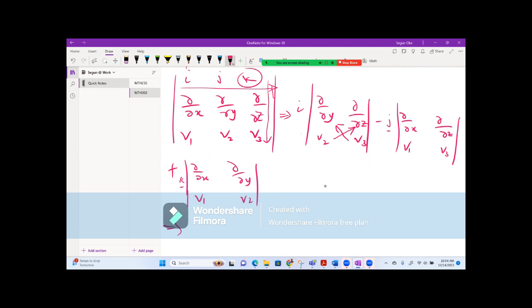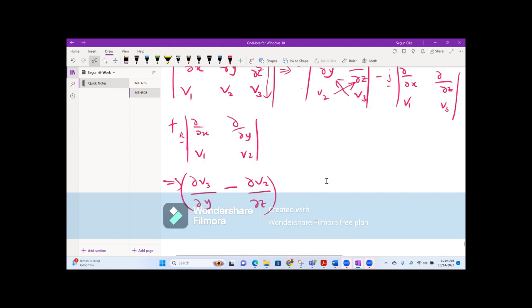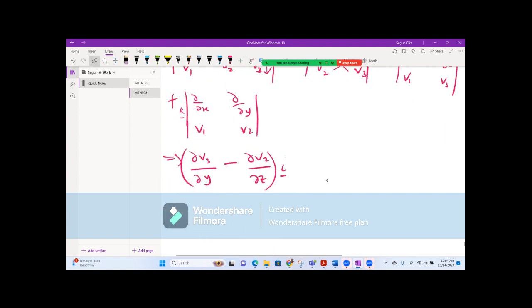So it's going to be d/dy of v3 minus d/dz of v2. This is my i. Minus d/dx of v3 minus d/dz of v1, this is my j, plus k.